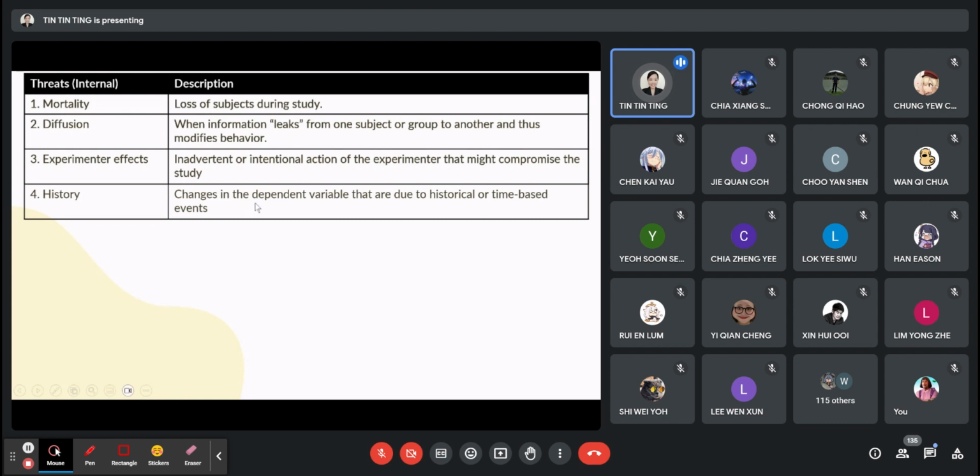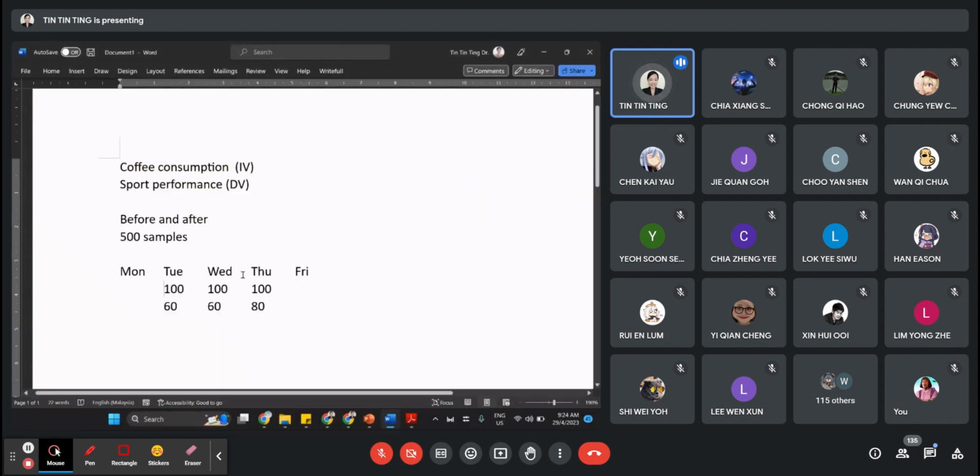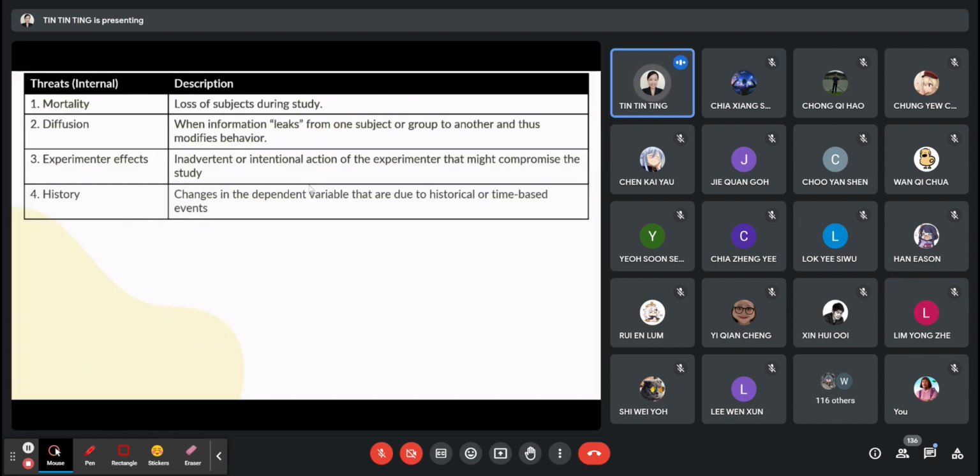History, changes in the dependent variable that are due to historical or time-based events, meaning they might experience something before they join your experiment. For example, the Thursday group of students, after Monday, Tuesday, Wednesday, might have a lot of stress because they need to submit an assignment or whatever, which caused them to change their performance.